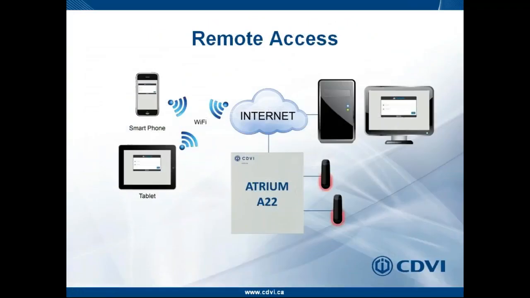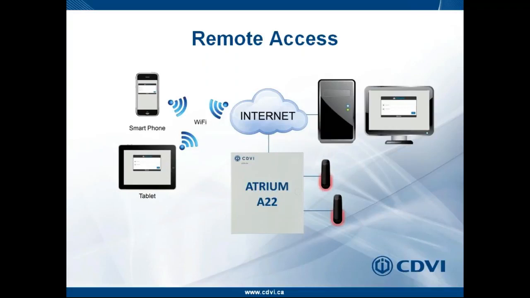We can remote into the Atrium system through the internet. Of course, if you are on your local area network, your Wi-Fi connection, or if your laptop is connected on the network, you can connect to it. Also, this option, which is a very popular option for end users, lets me remote into the system back at my office and unlock a door because my employee forgot to bring their card this morning.